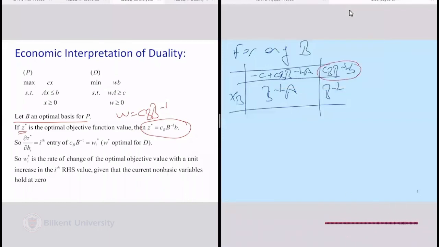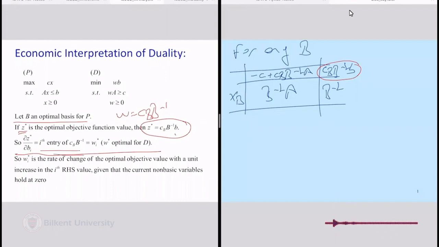Okay, now let's look at the ith entry of that dual vector, CBB inverse. Because the dual variables are in dimension M, since they're for each constraint. And let's look at the ith entry of that dual variable. Now, it looks like if I were to take the derivative of my objective function with respect to my right-hand side, I would get the ith entry of CBB inverse, right?